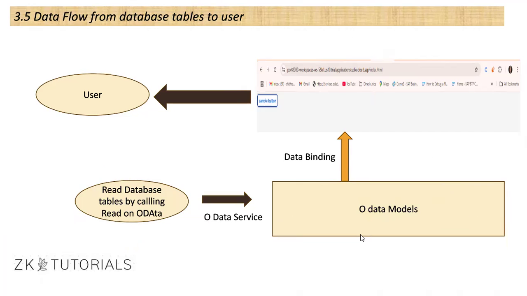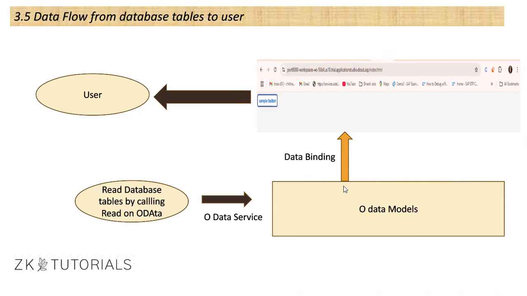So this is the data flowing. You could see the lower layer will be the database tables. The table will be called by a read on OData. Read is an operation which will be done on the table, and it will be exposed in the form of an OData service, and the OData service will be called by our OData models in the form of OData query types.